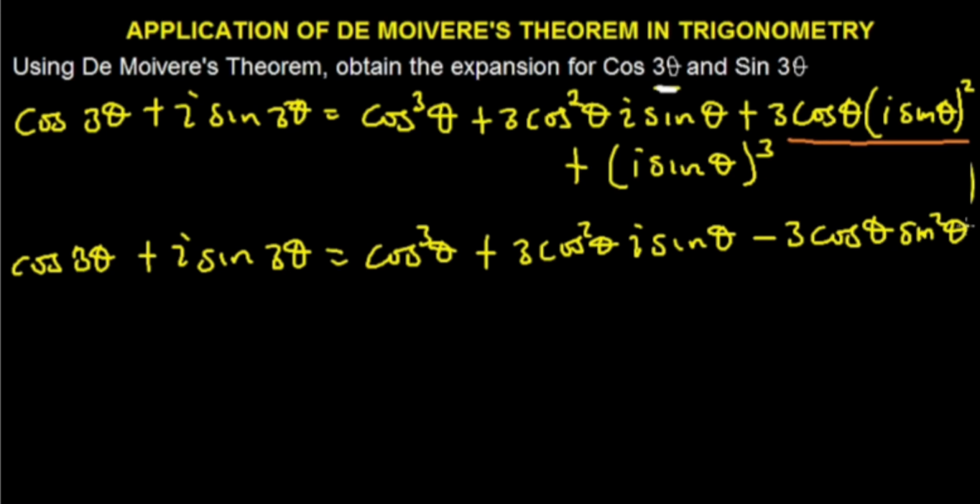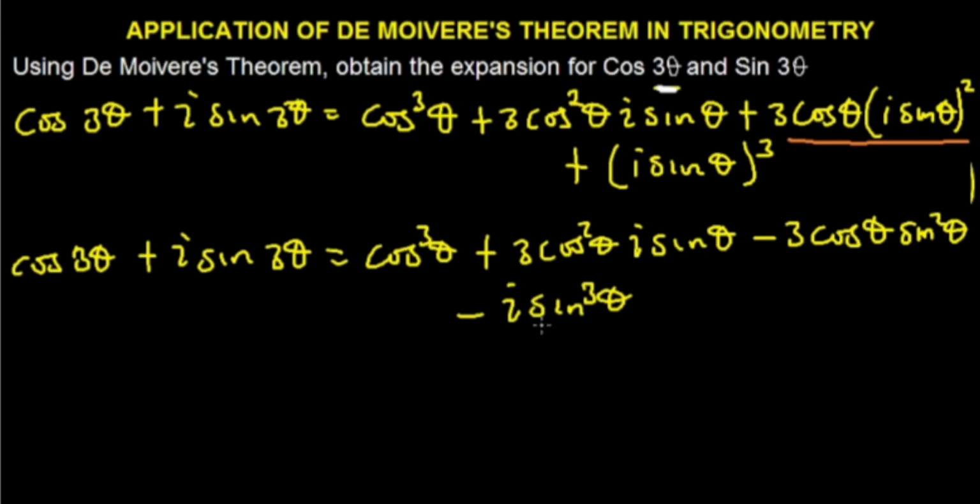Then for this other one, I have i cube sin cube. i cube is minus i, because i squared times i, where i squared is minus 1, gives minus i. So instead of writing plus i sin cube, I'll just write minus i sin cube theta.